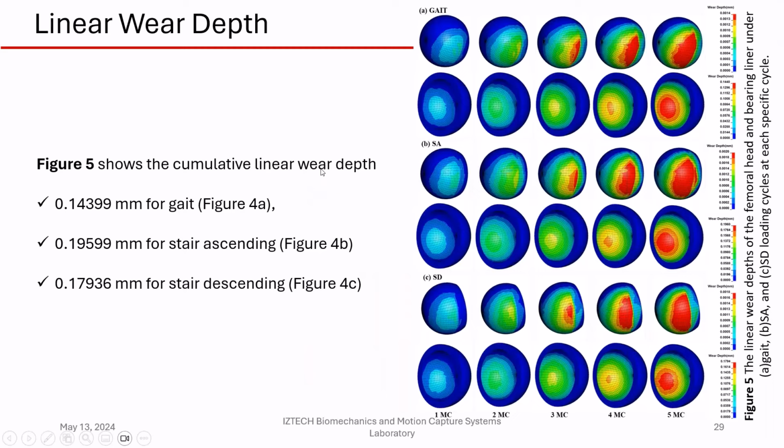Figure 5 shows the cumulative linear wear depth of bearing liner and femoral head under 3 different activities. The peak cumulative linear wear depth is obtained as 0.195 millimeter for stair ascending activity.